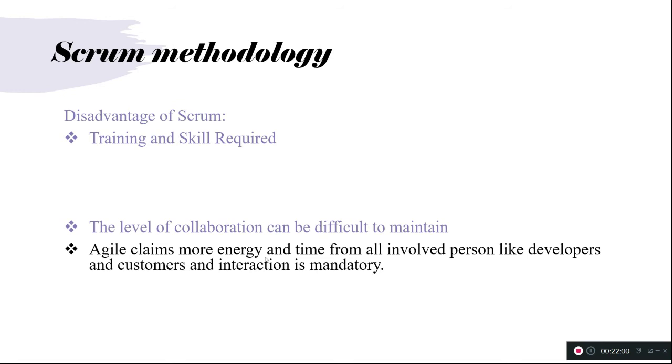The next one is that Agile claims more energy and time from all involved persons, like developers and customers, and interaction is mandatory. Here interaction and collaboration are very important. Compare that with the waterfall model.